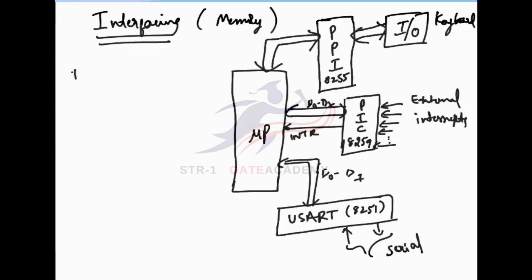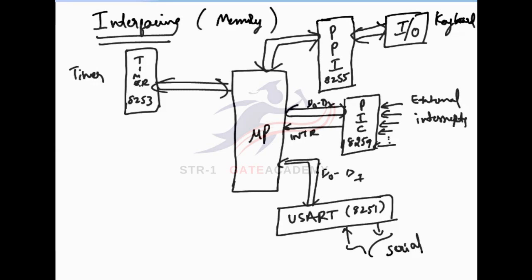One more application is timers. Timer generation is not possible directly internally, so for that purpose we require timer ICs. This timer IC is the 8253, which generates external time period clock pulses. One more operation is DMA, direct memory access. For this purpose a separate IC, the 8257, is there.